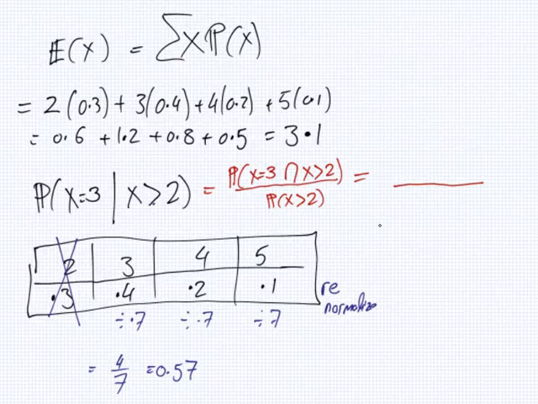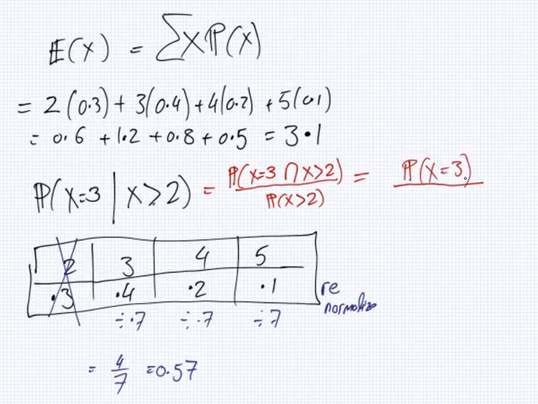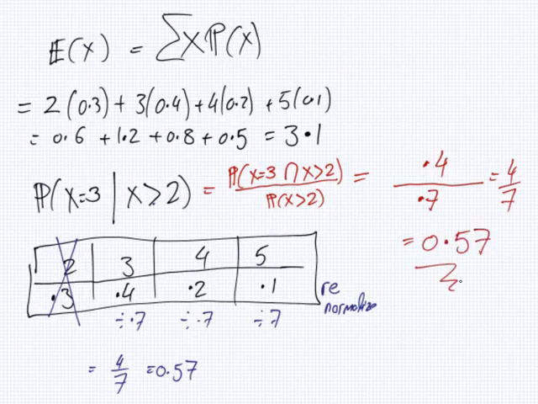It's the same as the probability that x is equal to 3. Why? It's already bigger than 2. You get the bigger than 2 for free. So what is the probability that x is 3? 0.4. And that x is bigger than 2? 0.7. We get the same answer. Amazing. So both ways work.